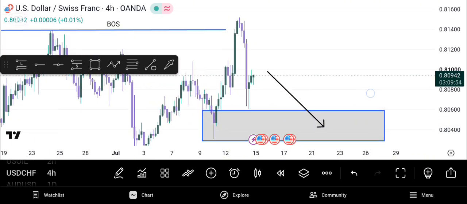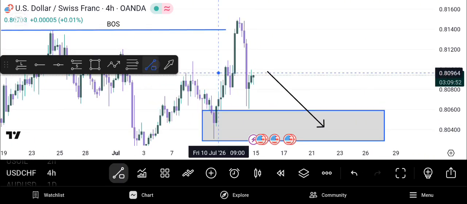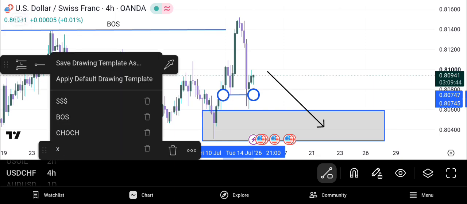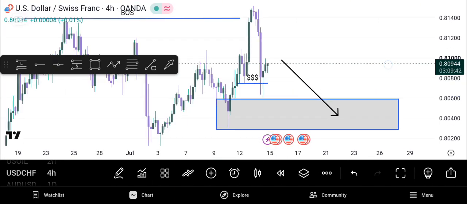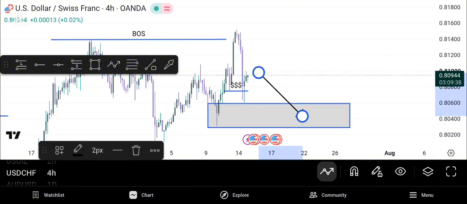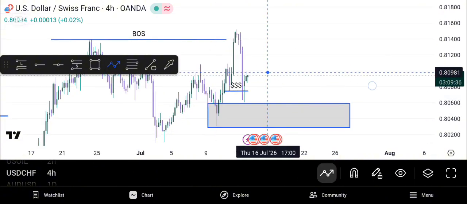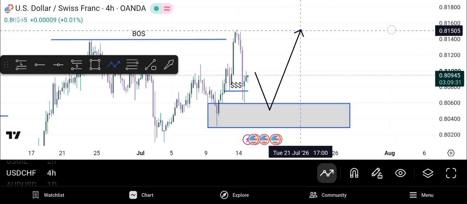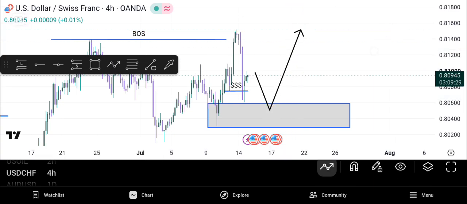Where I would have considered my liquidity will be these equal lows right here. We have equal lows here, and we just noticed that price swept those equal lows, which will act as my liquidity. So it is very possible that price would come down here and then buy up and continue going up.